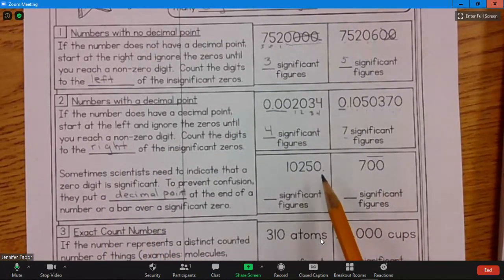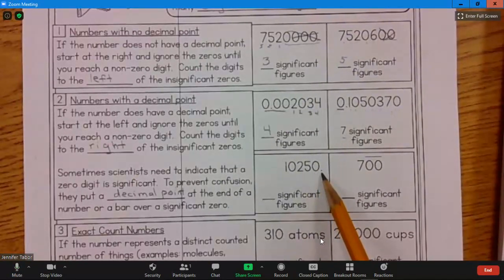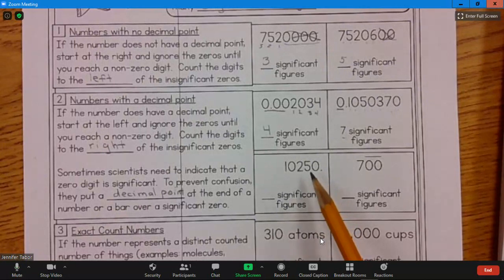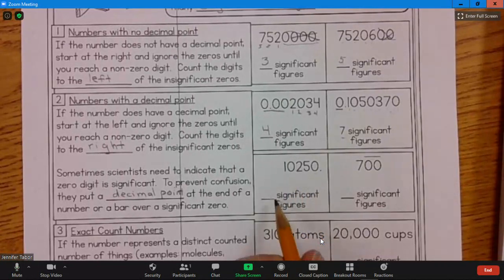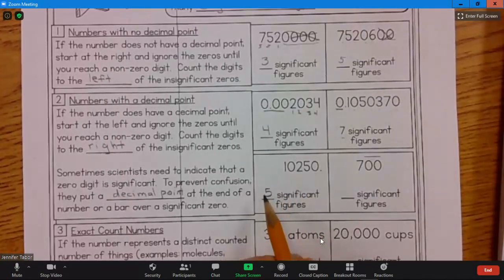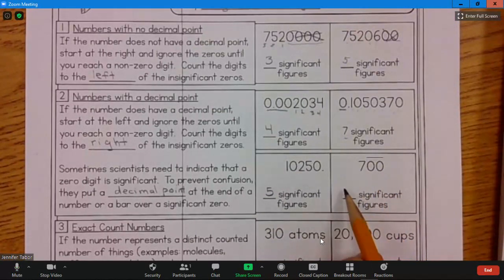But this decimal point is the most common. That means this zero, count it. It is significant. I put that decimal point there to tell you that. So this number, 1, 2, 3, 4, 5 significant figures. And this number with the bar over it, 1, 2, 3. So those designations mean, hey, these zeros actually are important.